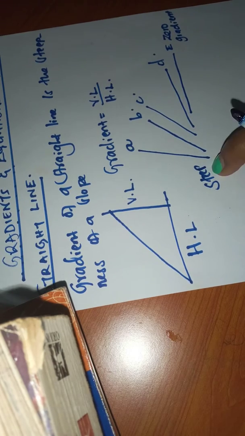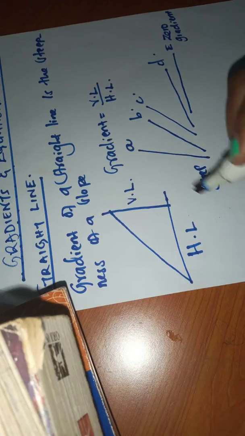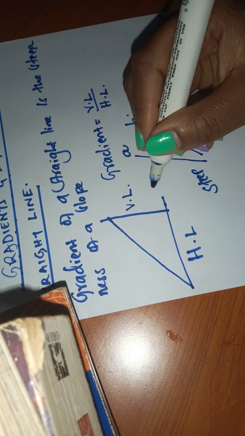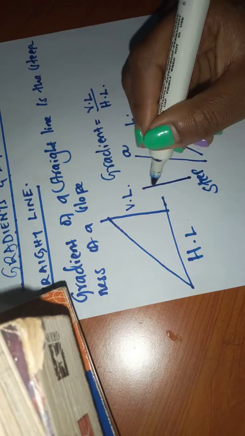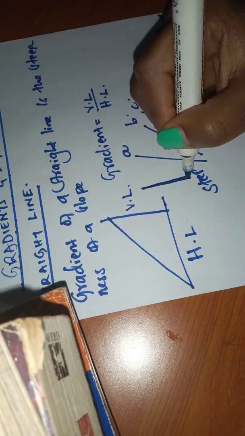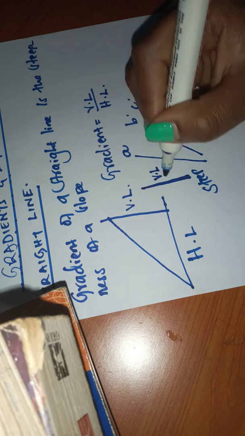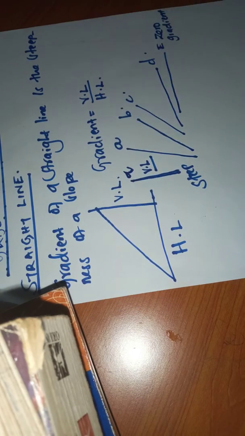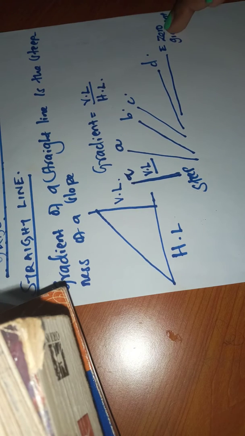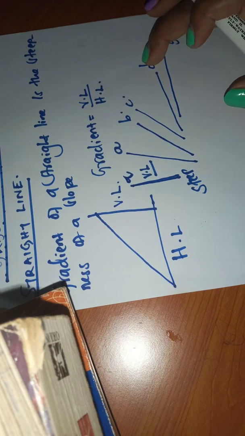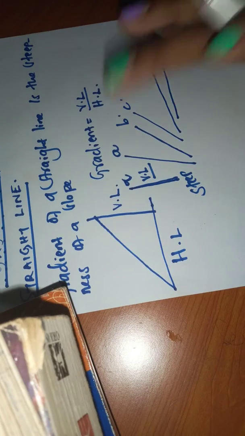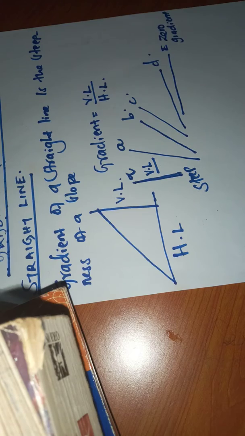But from this being very steep, we have another one that we cannot even describe as a slope. So we call it an infinite slope. And I want to draw it right there. It is parallel to the vertical, so it is exactly a vertical line. So from 0 gradient, steep slope, steeper, steepest, and then the very, very steep slope there.